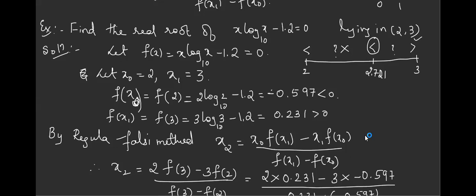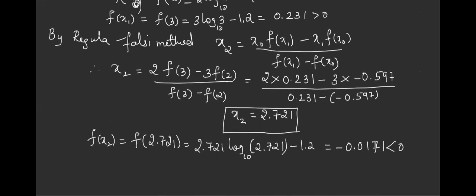Then it is being divided into 2 intervals, so the root will not lie in the first interval. It lies in the second interval. Now clear? Why? If the other condition had happened, if I had got f of 2.721 as positive, I would have chosen the earlier value which gave me negative. Why? Because every time f of a into f of b should always be negative only.